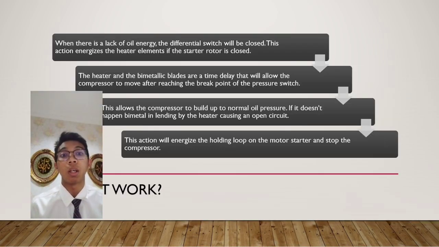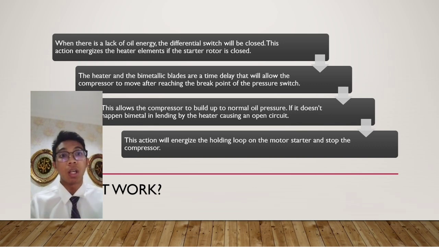Next, how the oil pressure switch works in the air conditioning system. Firstly, when the oil is not enough in the compressor, the switch will be closed. This action energizes the heater element if the starter contact is closed. Next, the heater and the bimetallic blade are a time delay that will allow the compressor to run after reaching the breakpoint of the pressure switch.